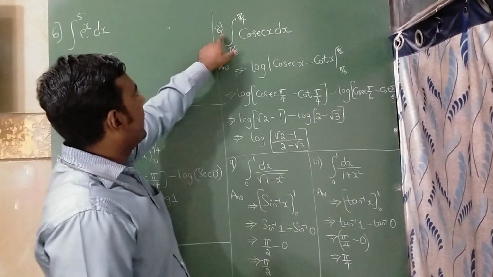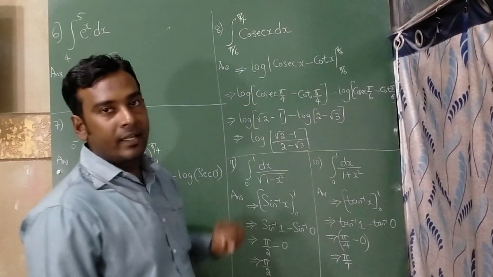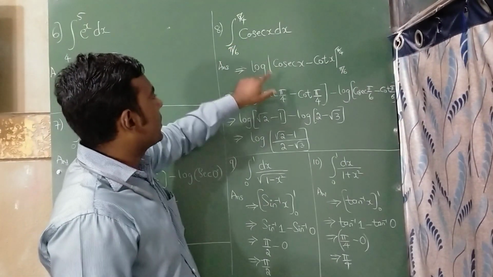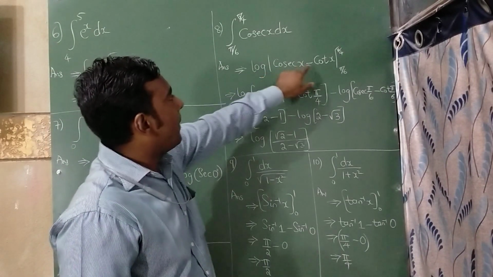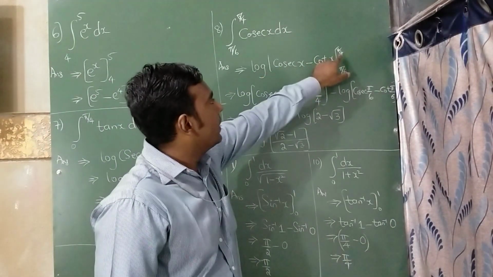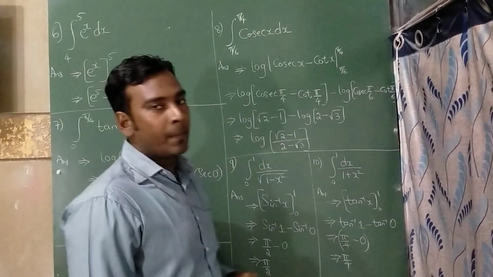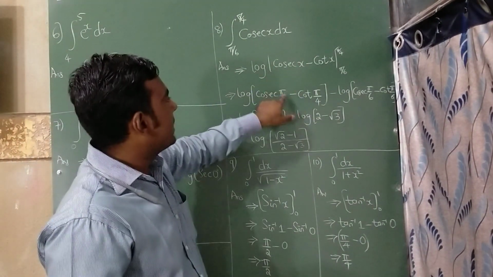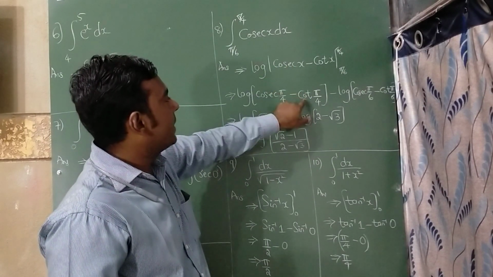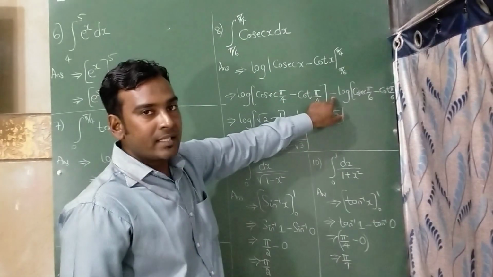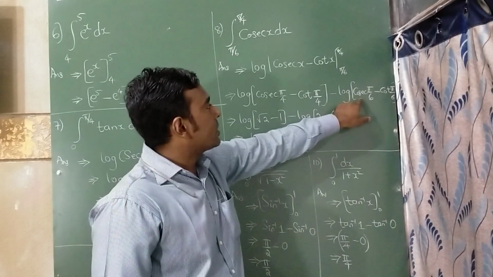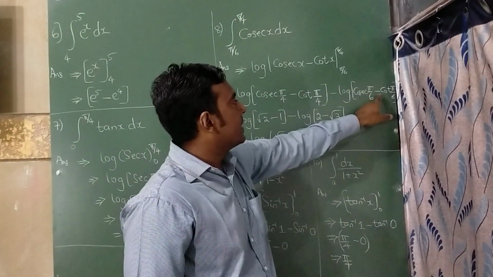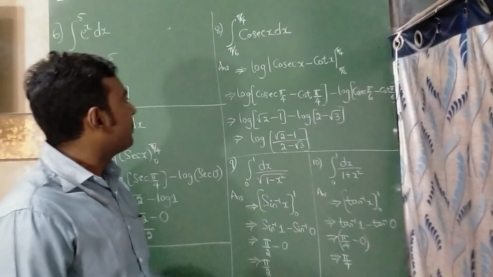Now 8th question is integration of cosec x dx. So the integration of cosec is log cosec minus cot, and the limits they have given are pi by 4 and pi by 6. So log cosec upper limit pi by 4 minus cot pi by 4, minus log lower limit cosec in place of x pi by 6 minus cot pi by 6. Fine.